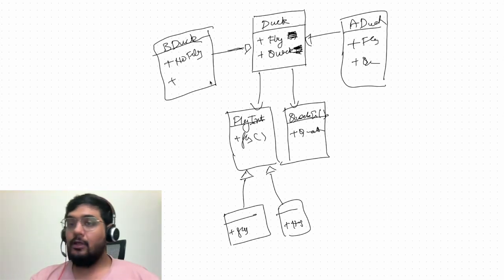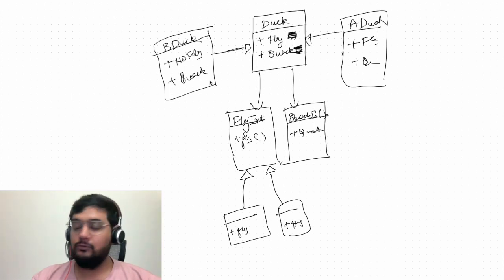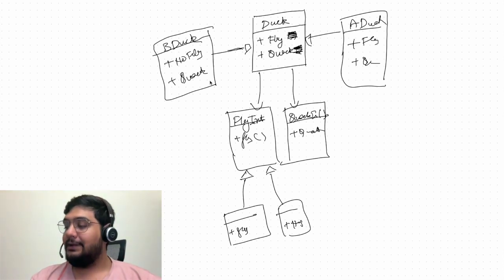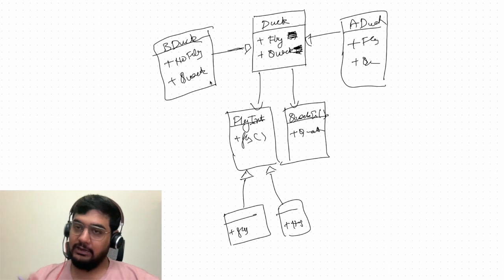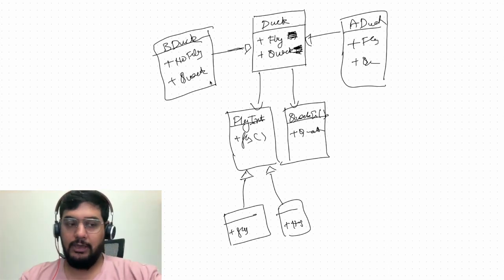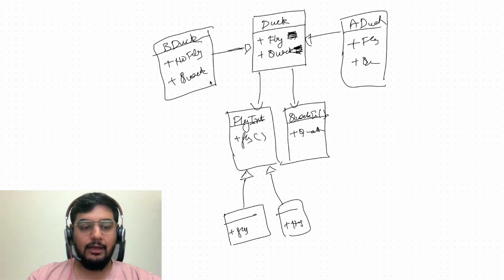If you see this example, we were able to solve this problem by extracting the behavior out of the duck. So how we solve this problem is by composition of all the behaviors, which can then be inherited as interface implementations into the classes.